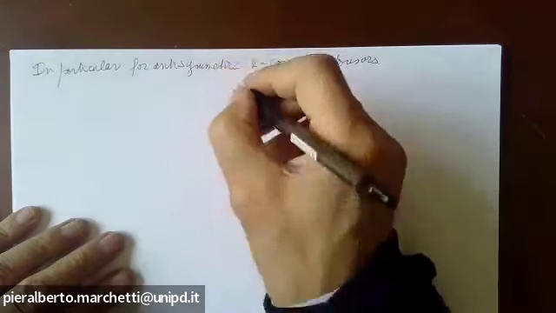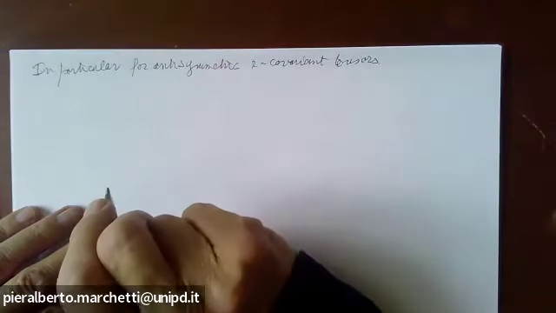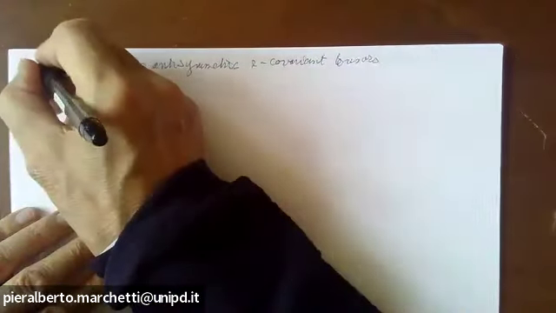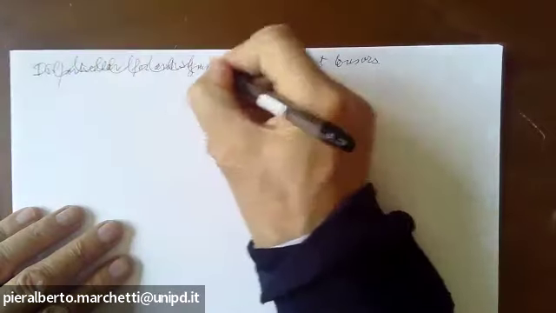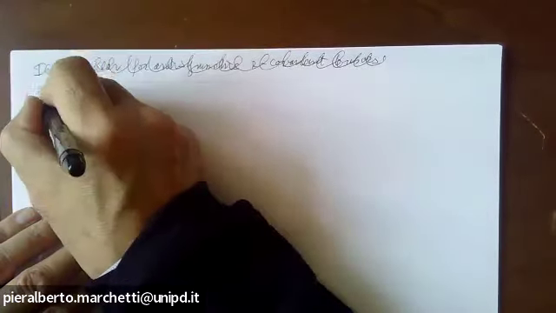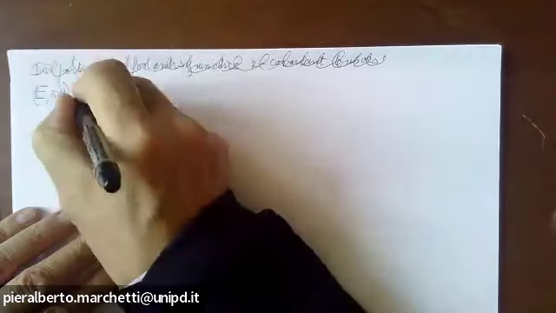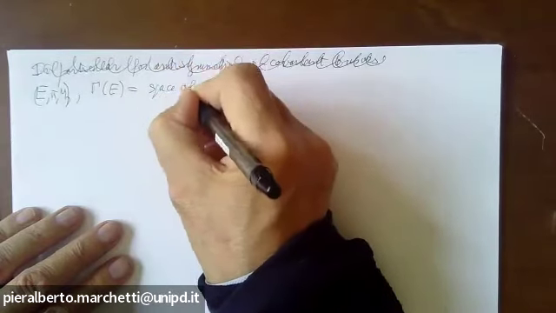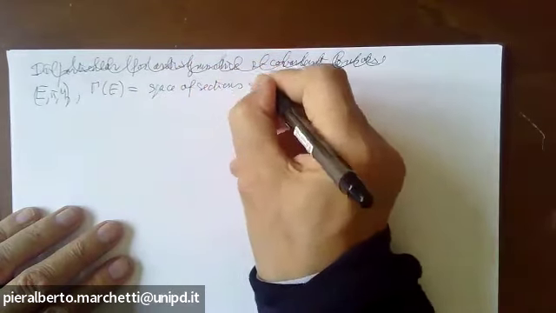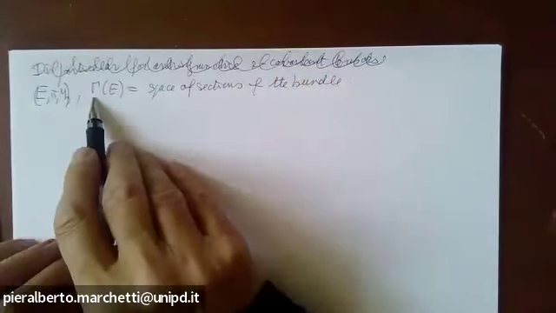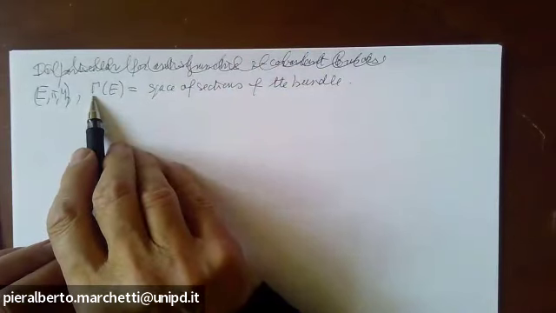Okay, I forgot to say one thing, so I should start again. I missed one notion. If you have a bundle E, with projection pi onto M, you denote by gamma of E the space of sections of the bundle. This is a reasonably universal symbol for the space of sections of the bundle.